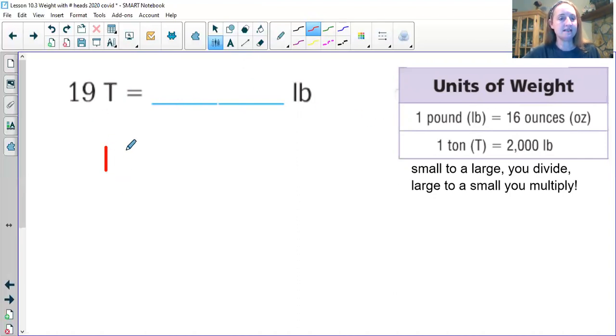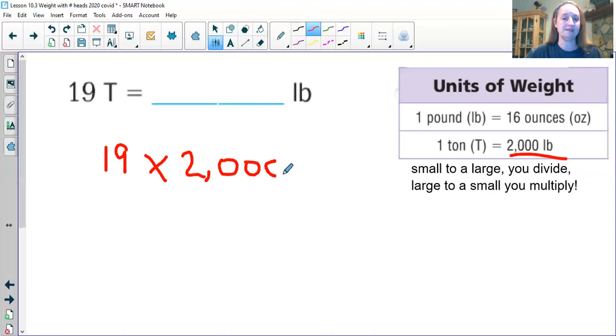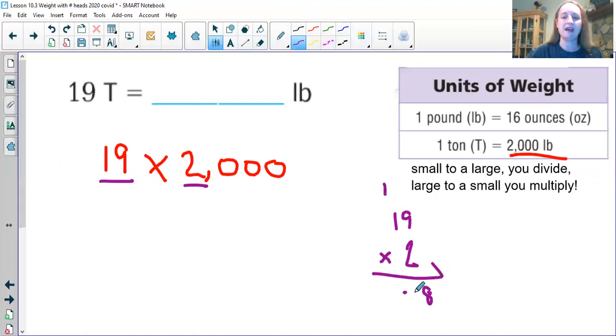So I'm going to do 19 tons, and I know in 1 ton it equals 2,000 pounds. So I'm just going to say 19 times 2,000. That's what you should have done, because you're going to look for a lot of pounds if you have 19 tons. All right, let's see the basic fact that we know. I'm going to multiply 19 times 2. And I know it should equal 38.